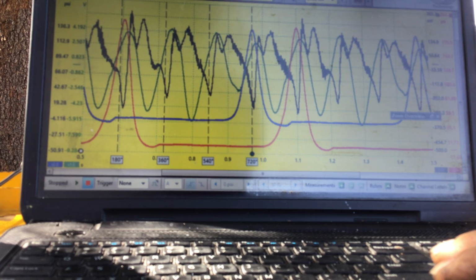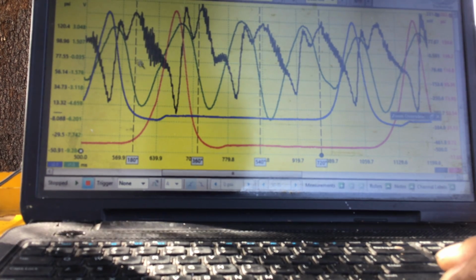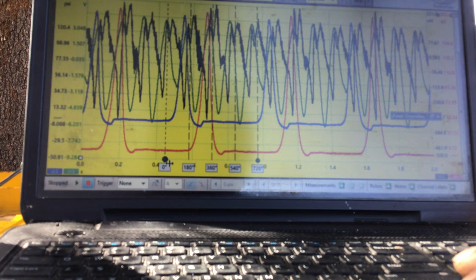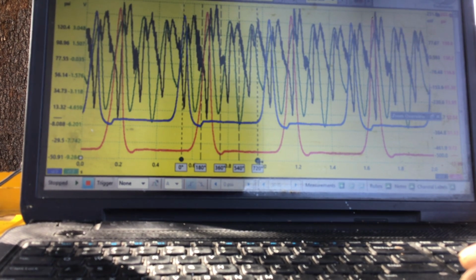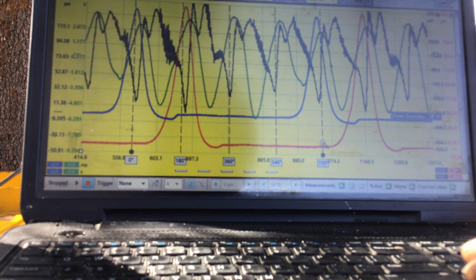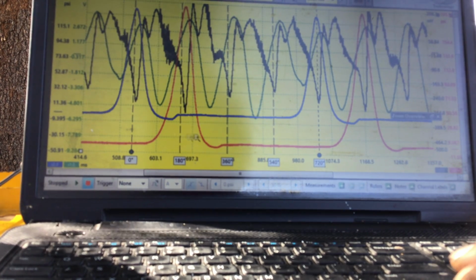So let's look at a fire cycle for blue. We're going to concentrate on blue. We're going to use red as a comparator. So this is a fire cycle for blue with a very tight intake valve.